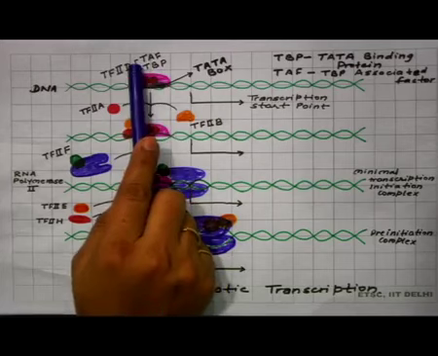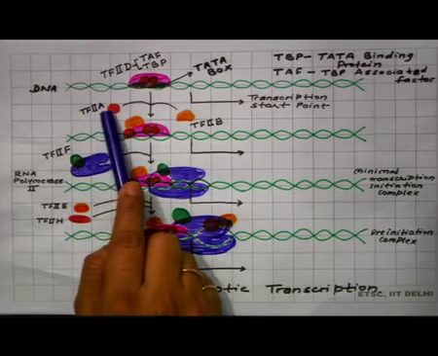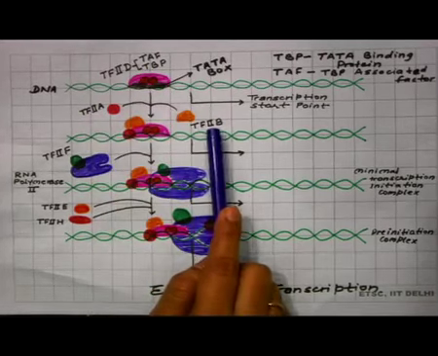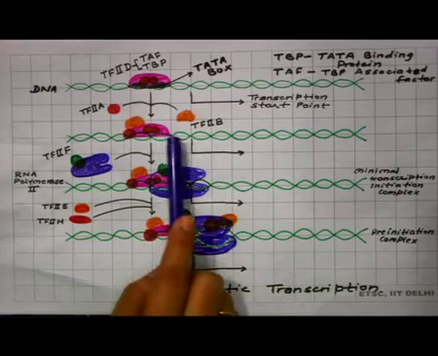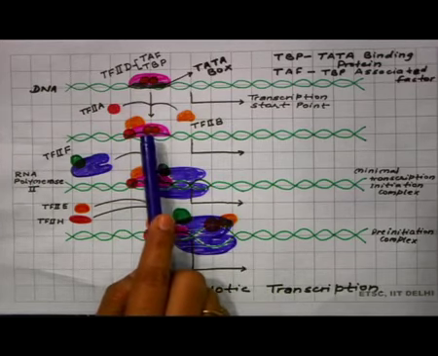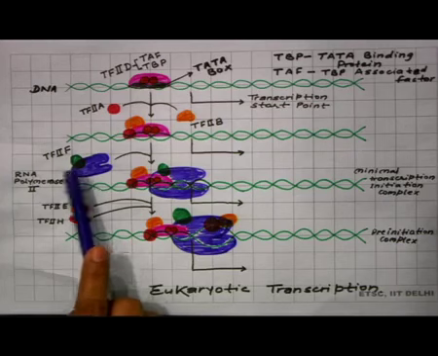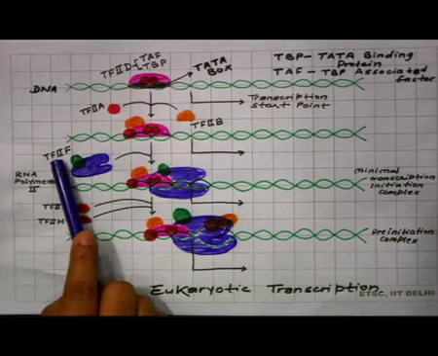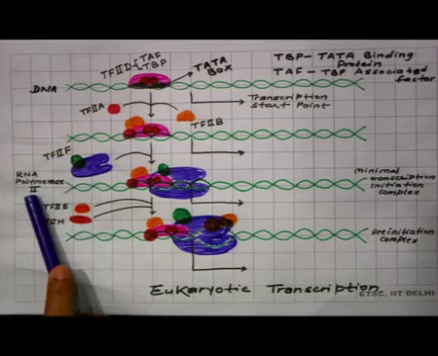After their binding, transcription factor 2A and transcription factor 2B will bind over that complex, and this will be followed by the binding of transcription factor 2F and RNA polymerase 2.